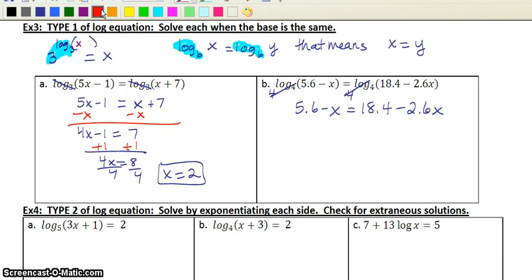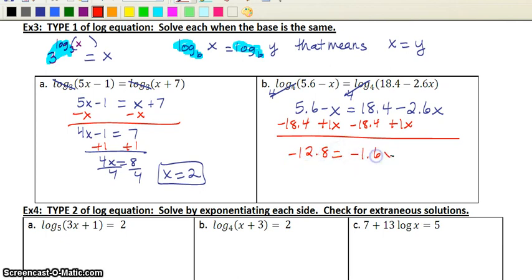This is me assuming that you are all pretty good at solving equations right now. I'm going to get all of my variables on the right side and my numbers on the left. I end up with negative 12.8 equals negative 1.6x when I combine like terms. Divide by negative 1.6, and I end up with x equals 8.